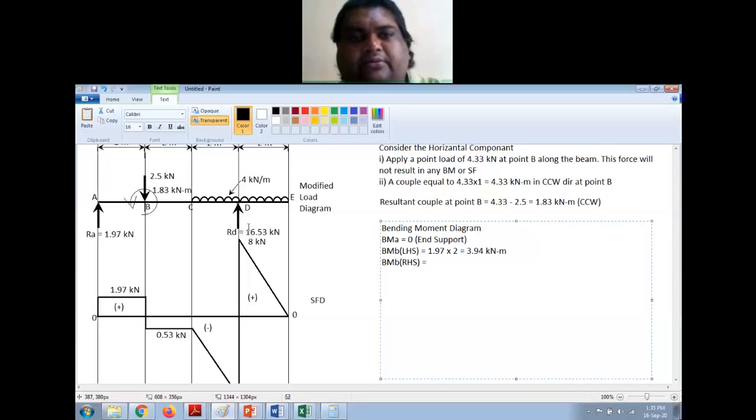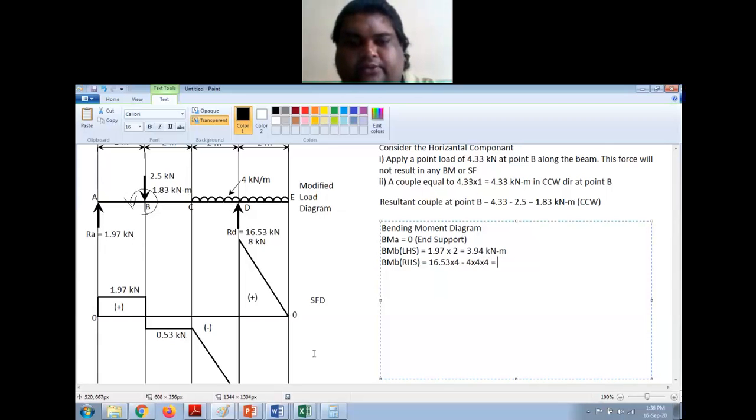On the right hand side I have this reaction first, so that will be positive, 16.53 into perpendicular distance, which is 2 plus 2, 4, and I have this UDL which will be downward, so that will be negative, 4 into length of UDL, which is 4 meter, and it is acting at this point D. So from here to B the length is again 4 meter, so into 4.